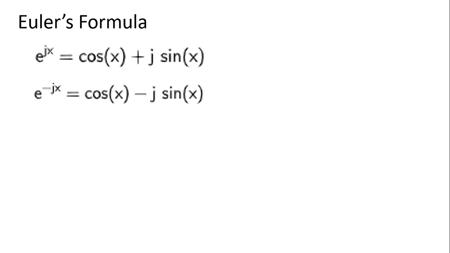So if I add e to the jx plus e to the minus jx, the cosine doubles to 2 cosine x, and the two sine terms cancel out.